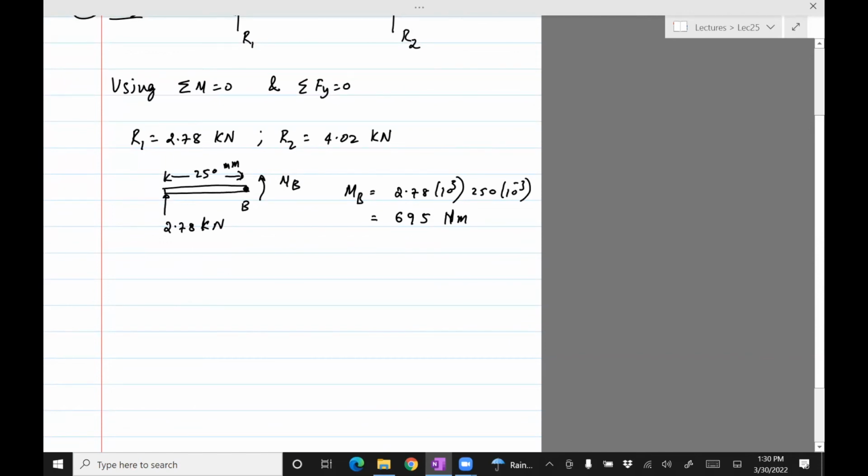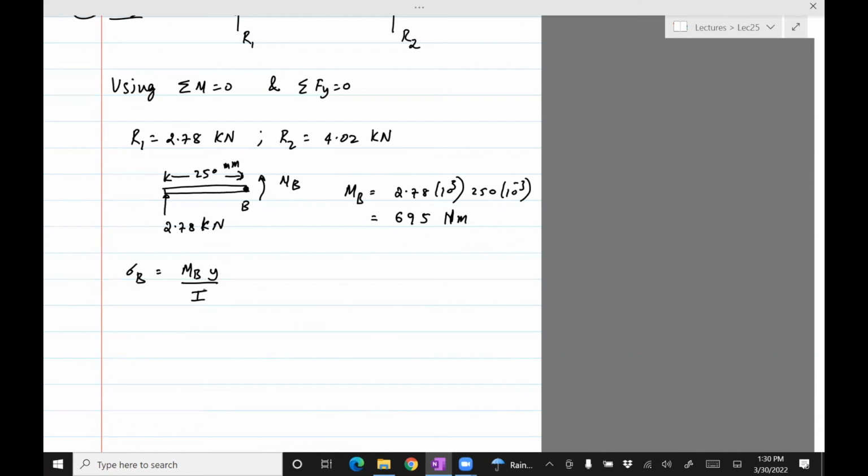Okay, that's just the moment. We need to compute now the stress at B. Okay, the stress is related to the moment using the equation sigma equals M y divided by I. The normal stress, sigma B, is going to be the maximum at the outer edge, right? It's going to be 0 at the neutral axis.